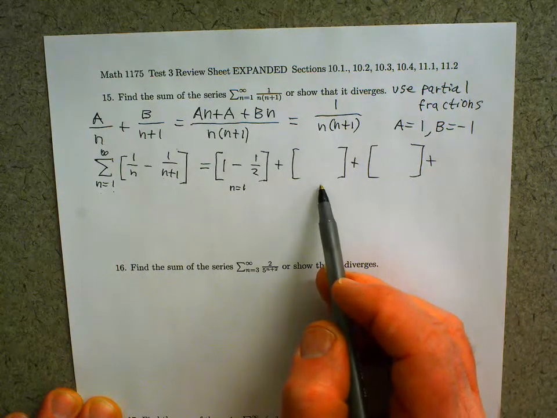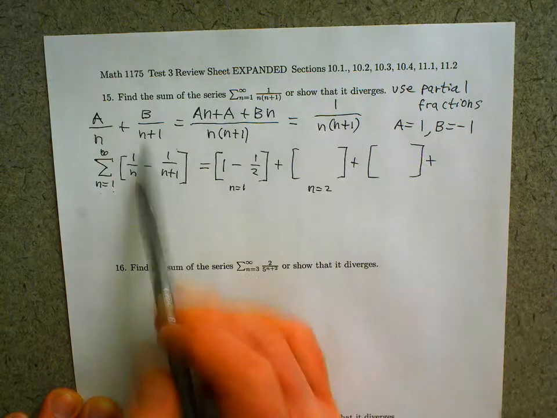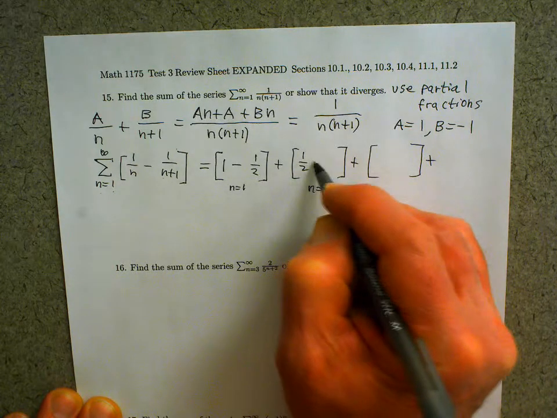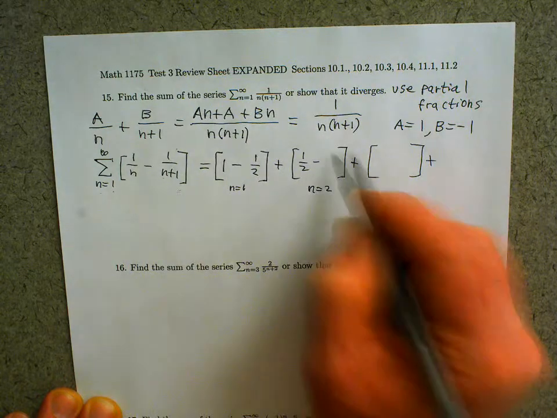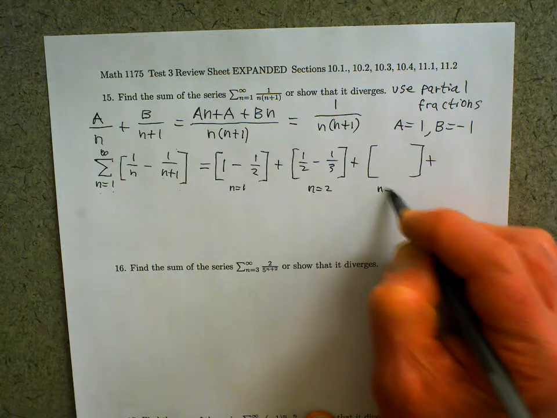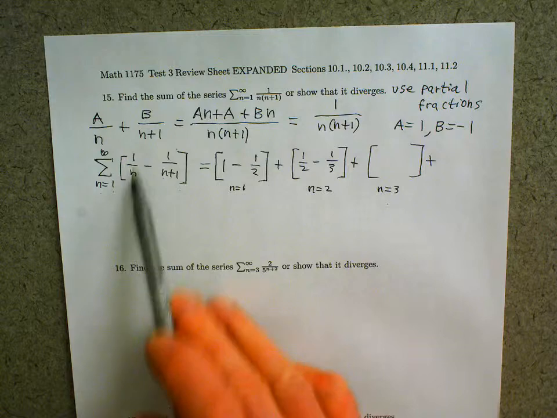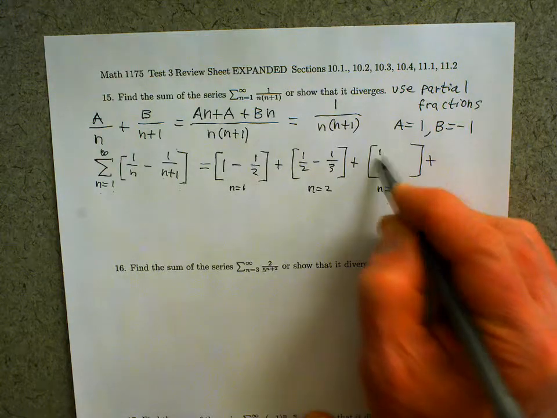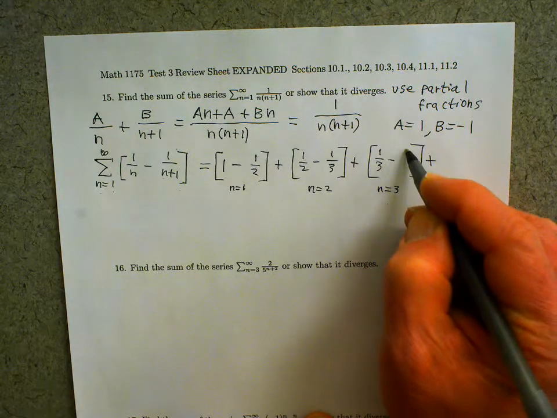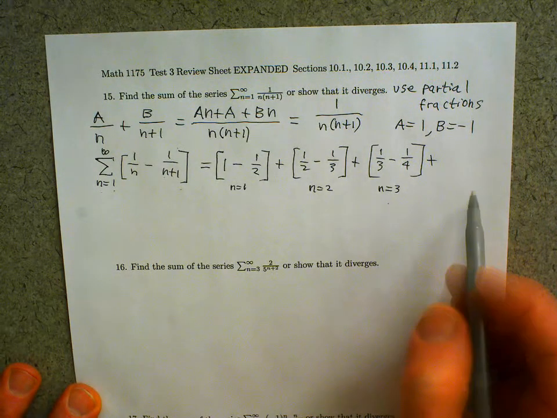The next term in the series, when n is 2, is 1 half minus 1/3. Corresponding to n equals 3, the term in the series is 1 over 3 minus 1 over 4, and so on.